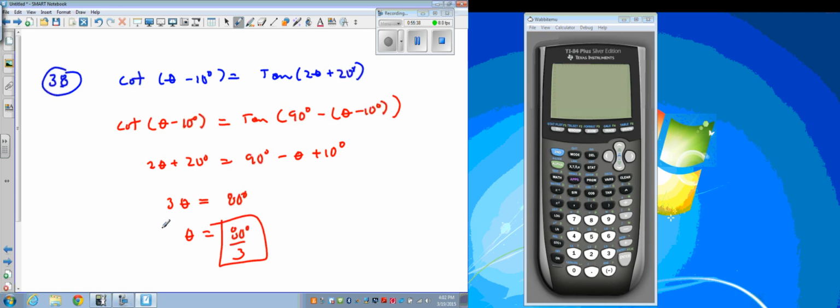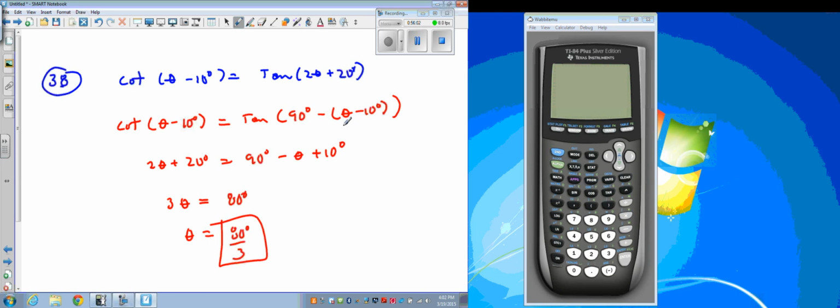How did you get from 2 theta plus 20 to 90 degrees minus theta plus 10 degrees? See this one, by definition of cofunctions, the cotangent of this angle is equal to tangent, which is its cofunction, of 90 minus this angle.